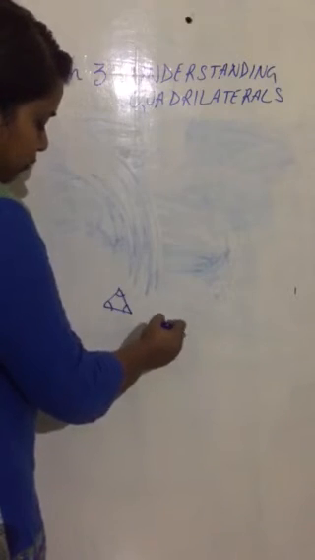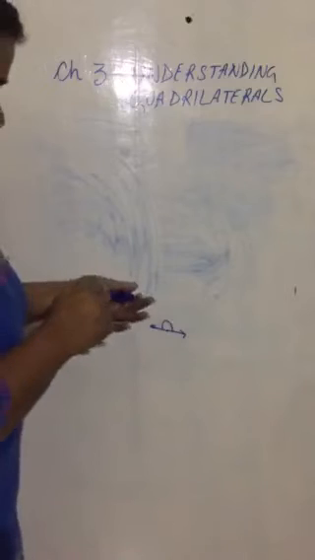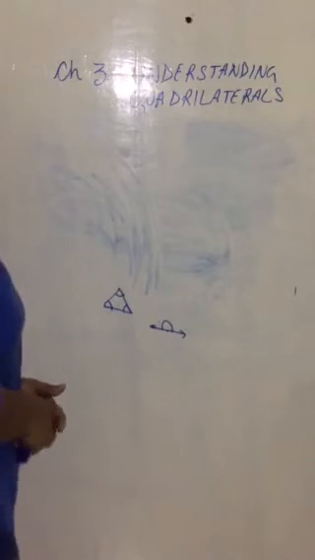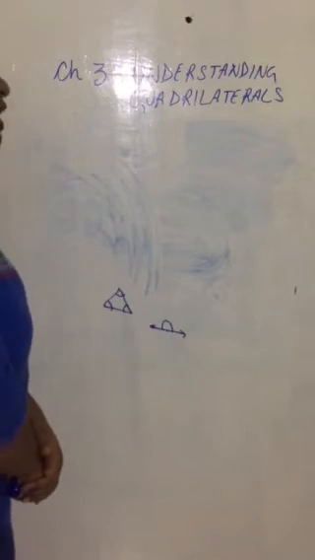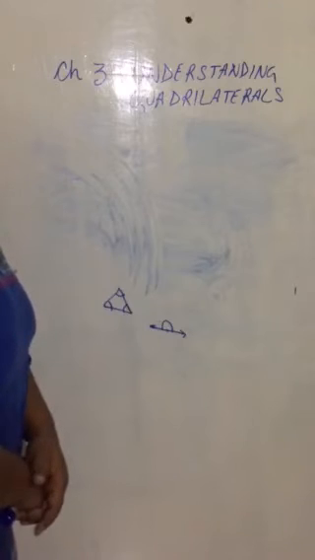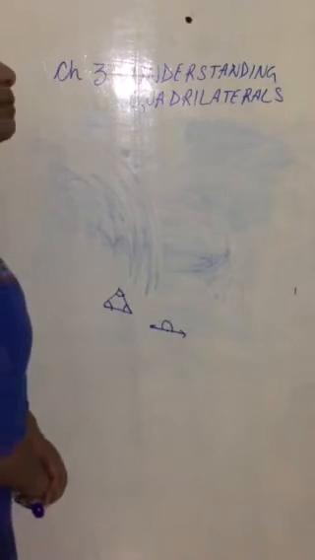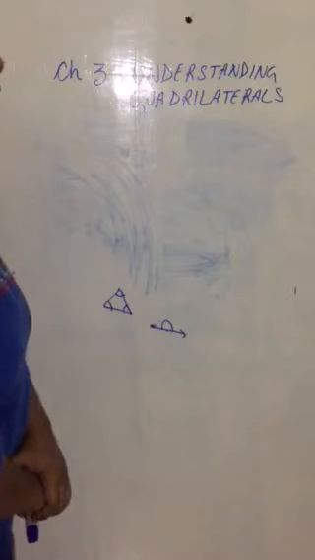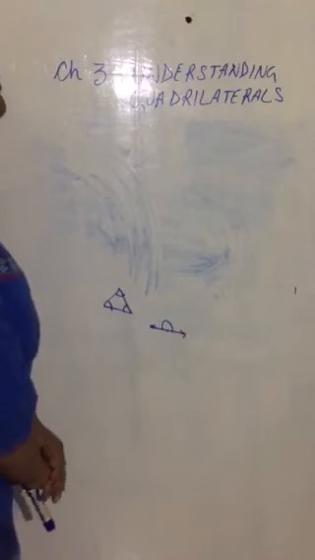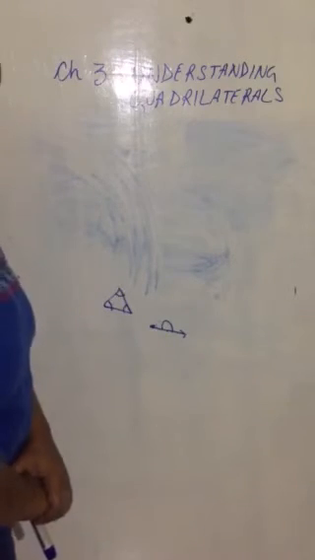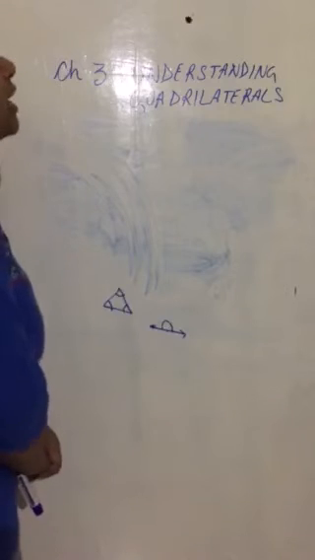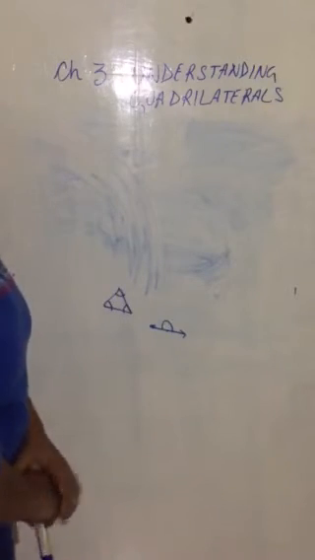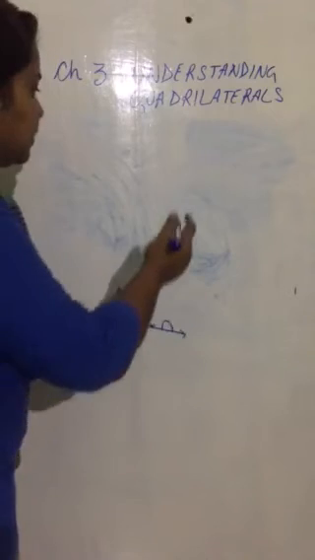That means it will cover 180 degree. So with the activity also we concluded that the sum of three angles of a triangle is 180 degree. For quadrilateral, we have not done an activity. In 8th, we will do the activity that sum of four angles of a quadrilateral is 360 degree.